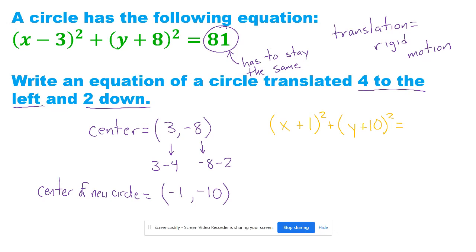That last number on the other side of the equal sign doesn't change. It still has to be 81. So that's how you do a translation. You figure out what the center is, and then you move each coordinate however many places, left or right, up or down. You get the new center point, and then you put it back in the equation, and that's your final answer. Let's do one more of these.